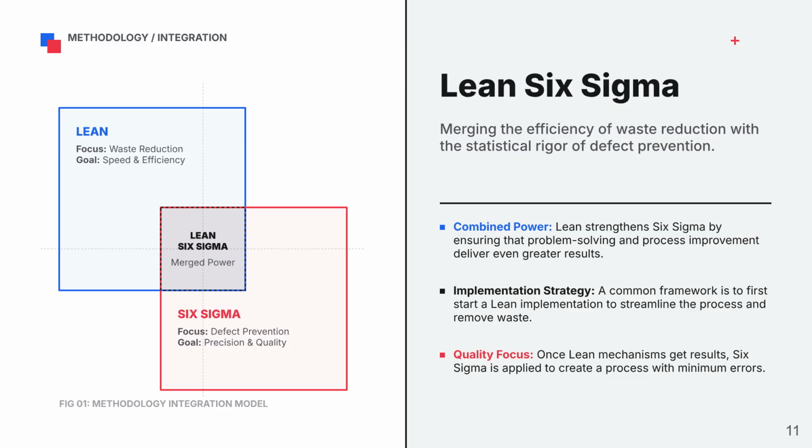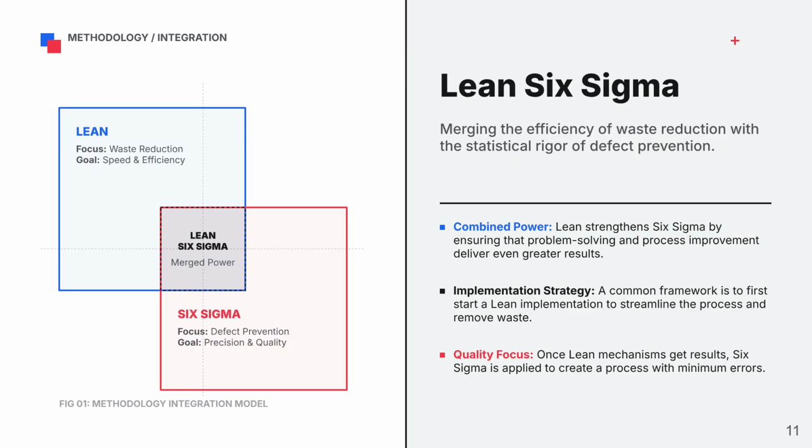Lean focuses on eliminating waste. Its goal is to simplify workflows, remove unnecessary activities, reduce delays, and improve overall speed and efficiency. By streamlining the process, Lean ensures that only value-adding activities remain. Six Sigma, on the other hand, focuses on preventing defects and reducing variation. It uses data-driven analysis to improve accuracy, consistency, and reliability.